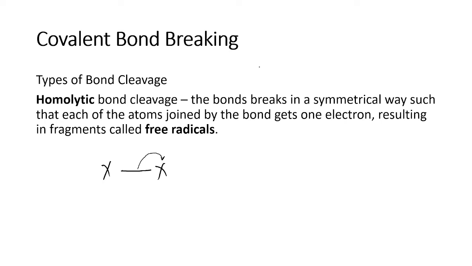So basically, this signifies that there is a movement of one electron. So basically, if we rewrite that on the other side, there is two electrons from the bonds. One of the electrons moves to one of the atoms, and the other one moves into the other atom.